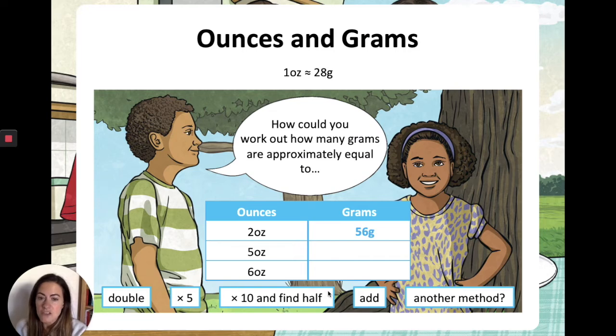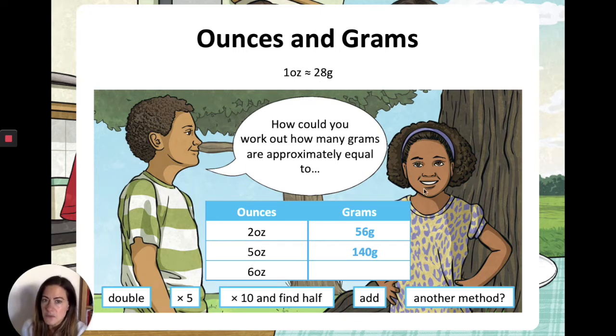Or, this is an interesting one, I could times by 10 and half, because 1 times 10 is 10, and half of that is 5, and that's what I'm looking for. And timesing by 10 is quite easy. So 28 grams times 10 would be 280, and half is 140. Did you use a different method? I could do 5 lots of 28 in addition, couldn't I?